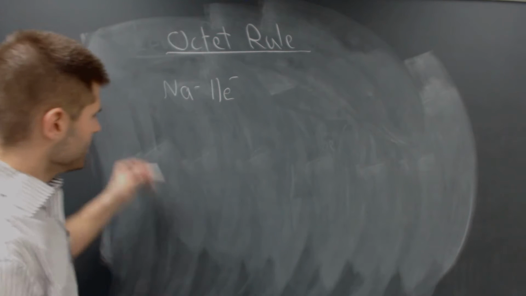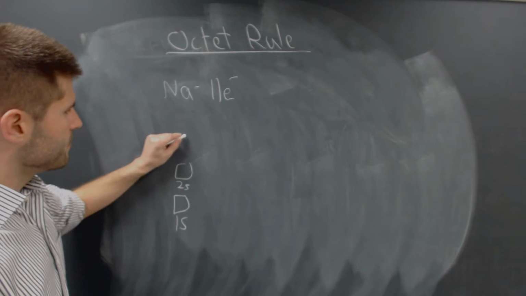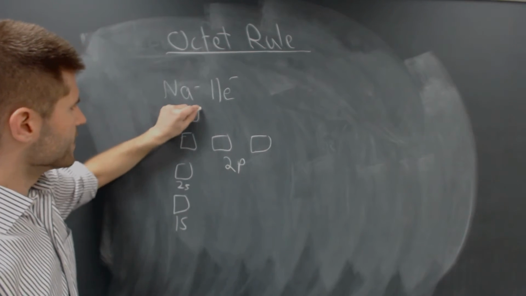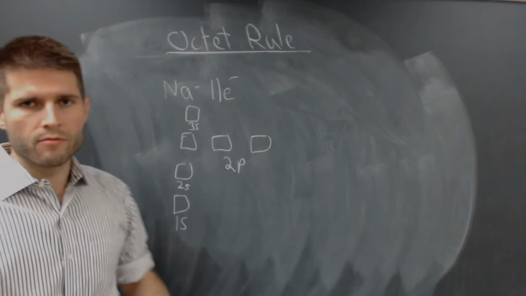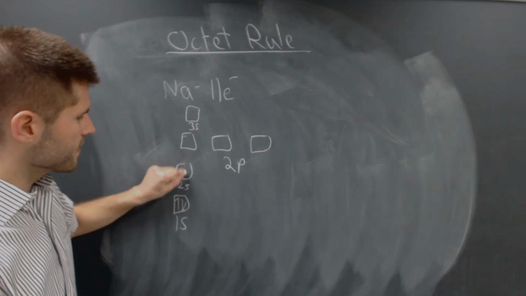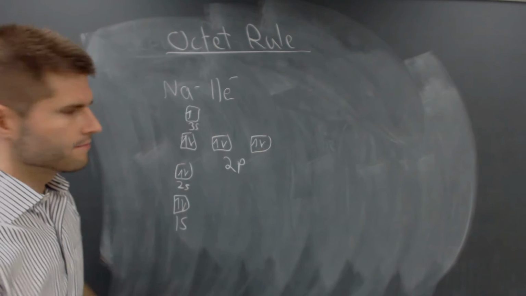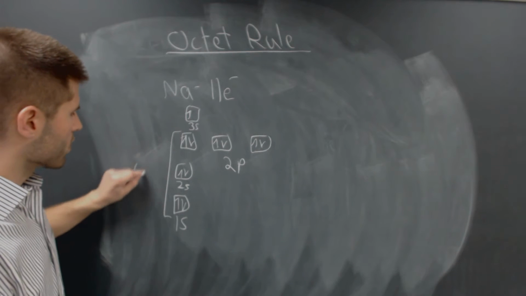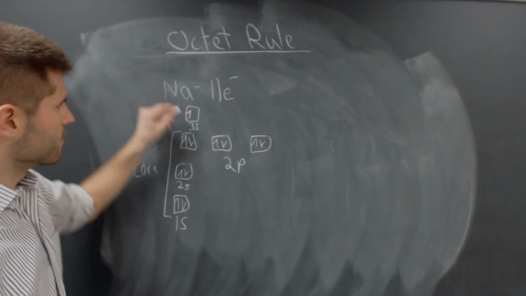So we know that we have a 1s, a 2s, a 2p, and a 3s for sodium. And we have further orbitals, but we're not going to promote any electrons in there, so we're just going to do the ground state of sodium. So we're going to have 1, 2, 3, 4, 5, 6, 7, 8, 9, 10, 11. In this case, these are considered our core electrons. The outermost electrons are considered our valence electrons.